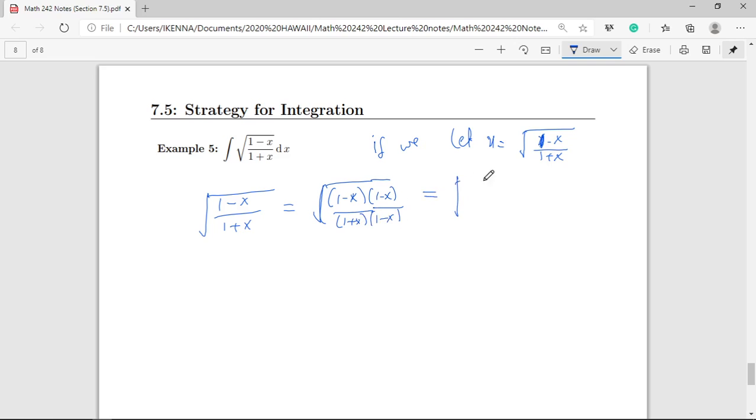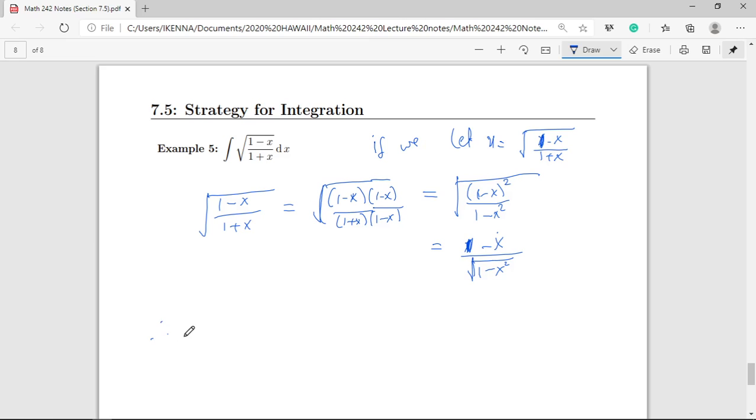So the top will give me 1 minus x squared all over 1 minus x squared. That actually takes away the square root above. So I have 1 minus x above, and below is square root of 1 minus x squared. I got this by difference of two squares.